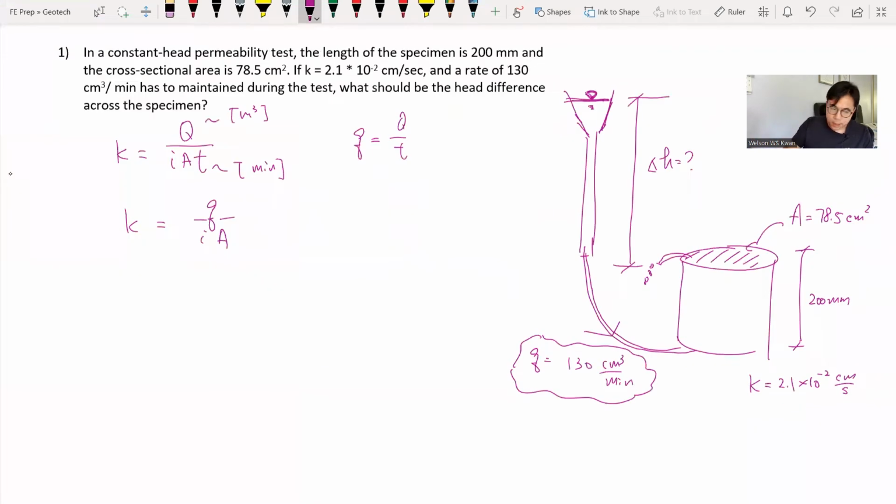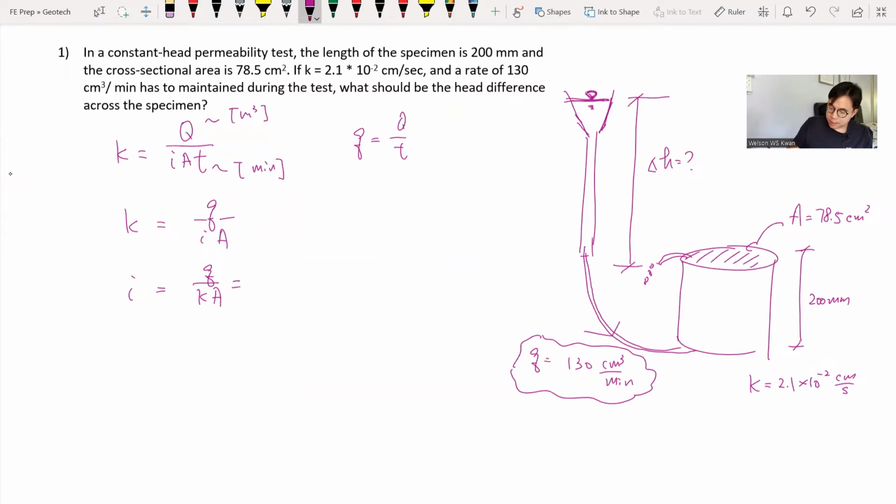So we can solve for the hydraulic gradient: Q equals K i A, so i equals Q divided by K times the area.